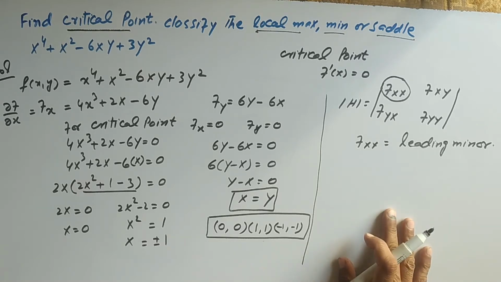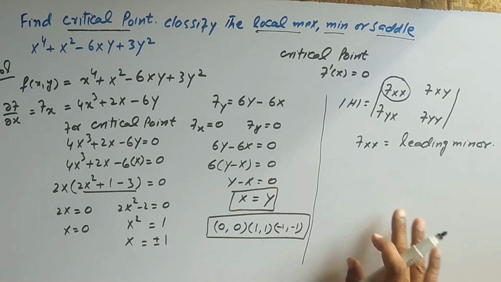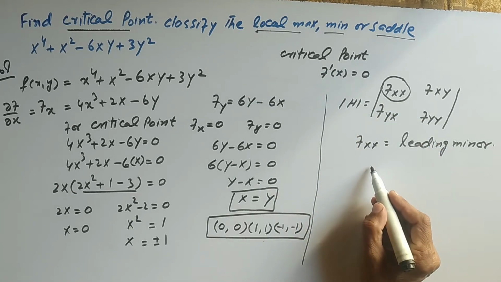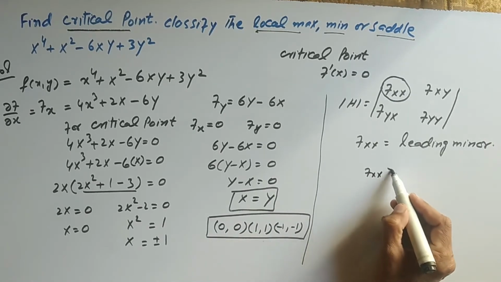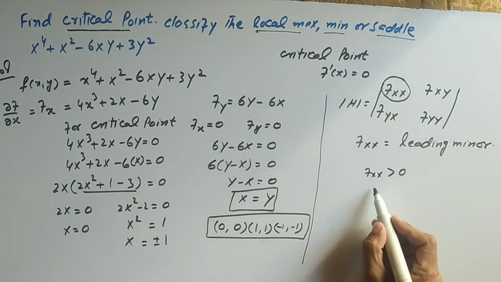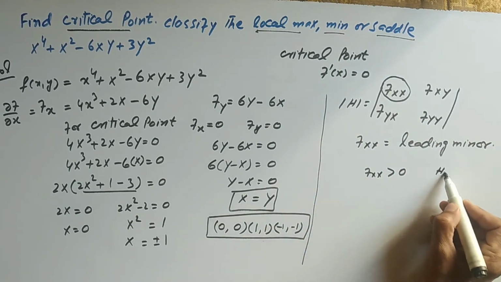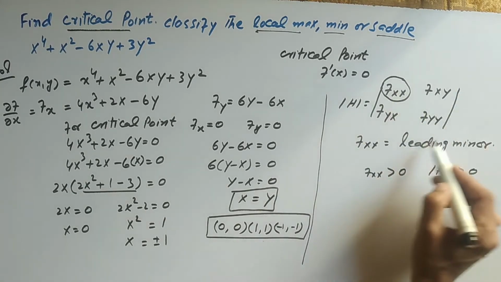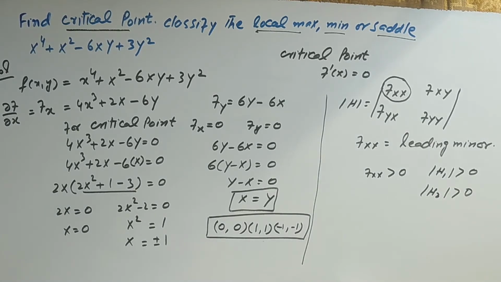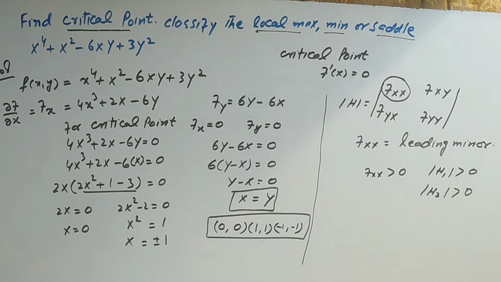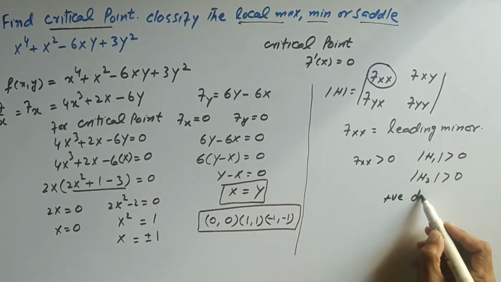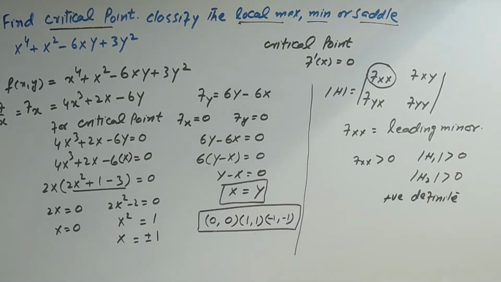If the leading minor, f_xx, is greater than 0, positive, call it h1, and the whole determinant, call it h2, is greater than 0, if both conditions are greater than 0, then this will be positive definite.